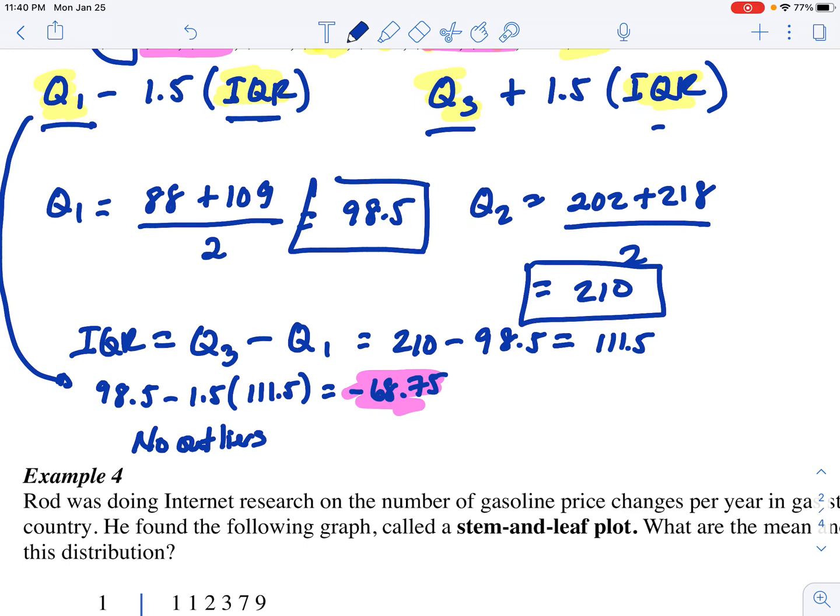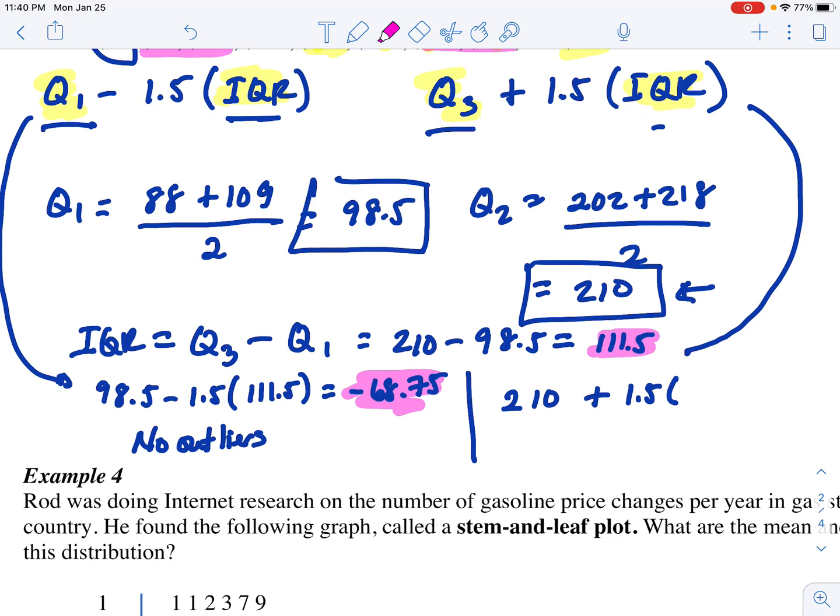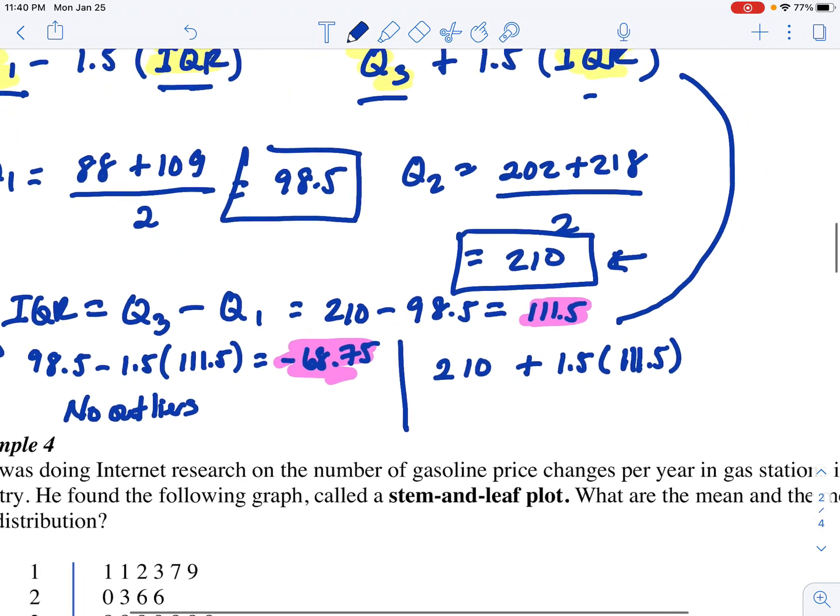So now let's take a look on the upper end. Okay. Our Q3, which is 210. So we're going to put this in here. Q3. So you've got 210 plus 1.5 times our IQR, which is 111.5 here. Okay.